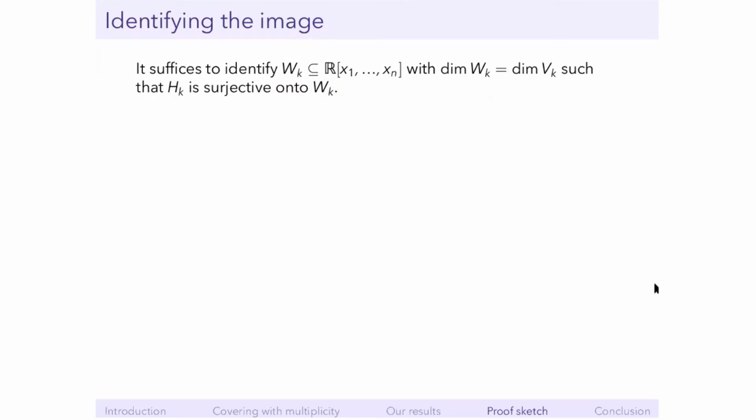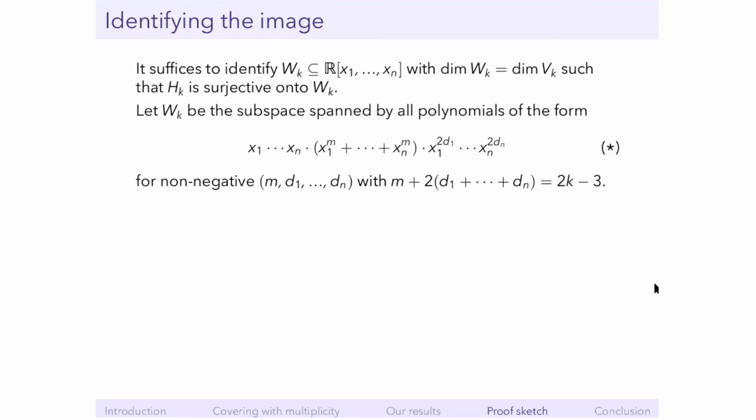Okay, so how do you find this thing? Well, if you work out some small examples, you can guess that the image should be this rather non-intuitive space. So we're going to let Wk be the space of all polynomials which are spanned by things of this type.